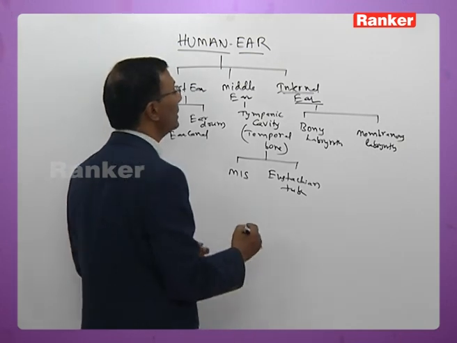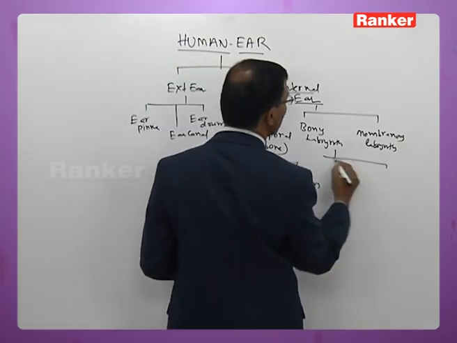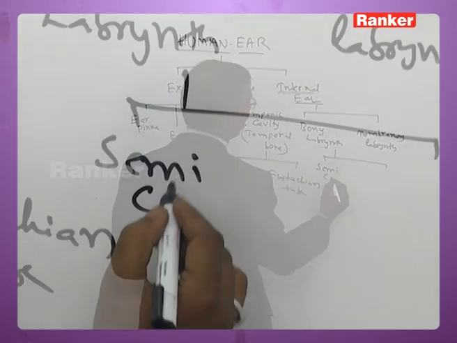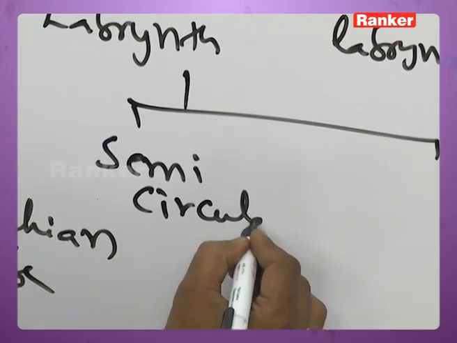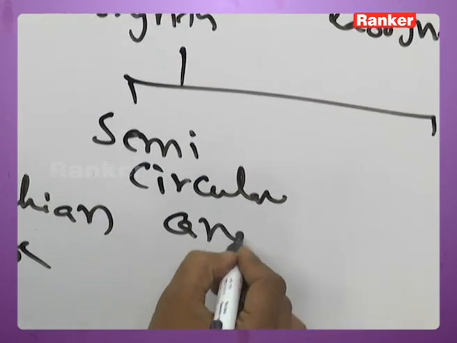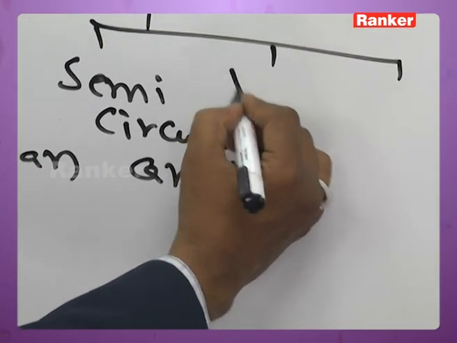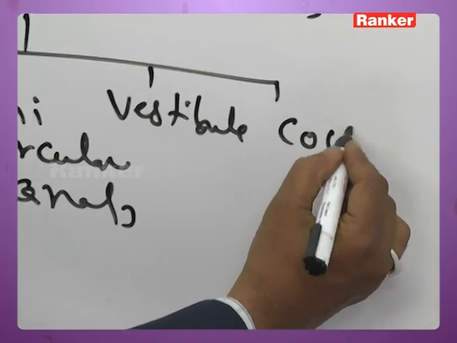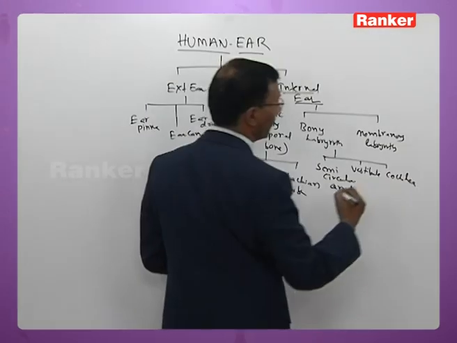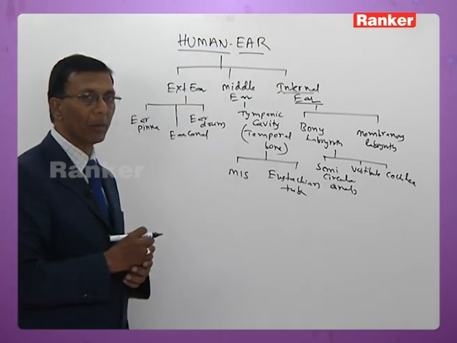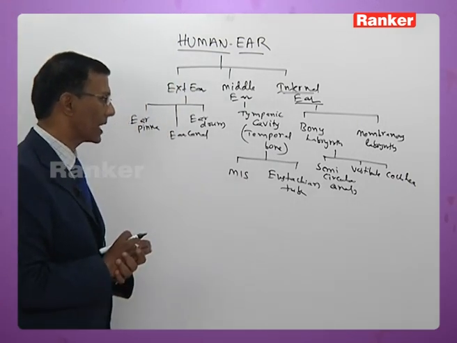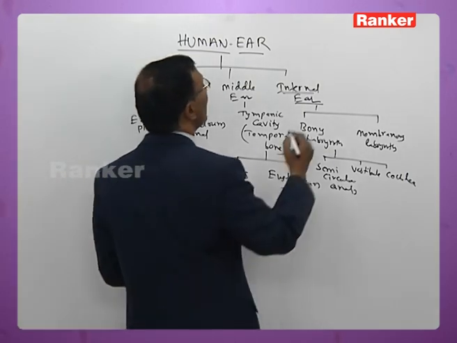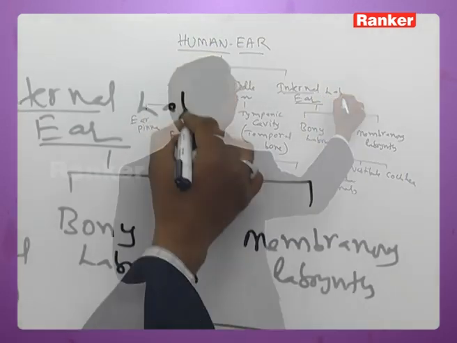The bony labyrinth in turn consists of semicircular canals, vestibule and cochlea. The outer bony part is called the bony labyrinth, which is divisible into semicircular canals, vestibule and cochlea. The internal ear is also called the labyrinth.